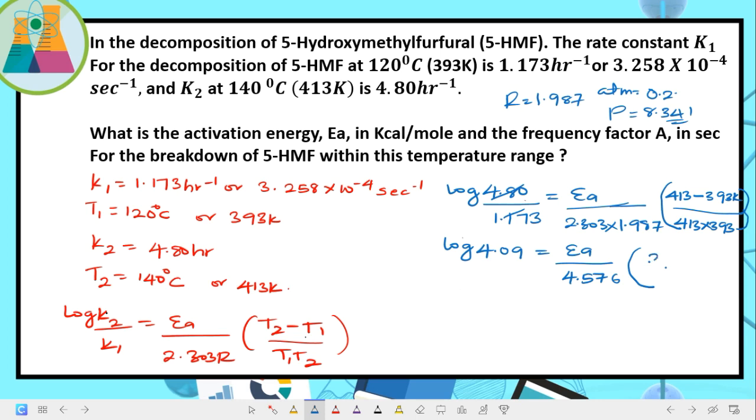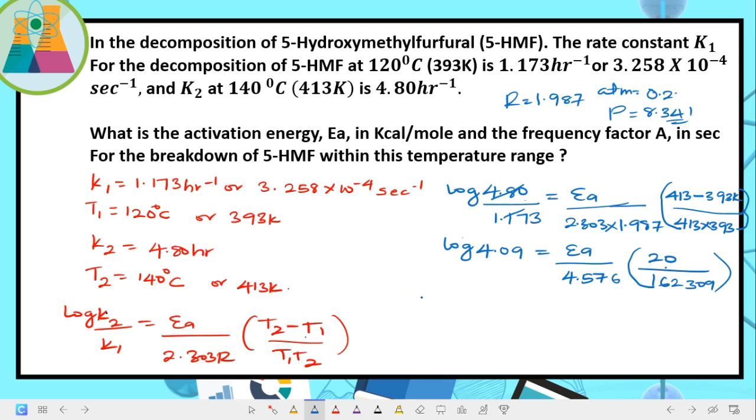Okay, so this will give us 20 all over 413 times 393 Kelvin. This will give us, I believe, 162309. So 20 divided by 162309 is going to give us 0.00 something.